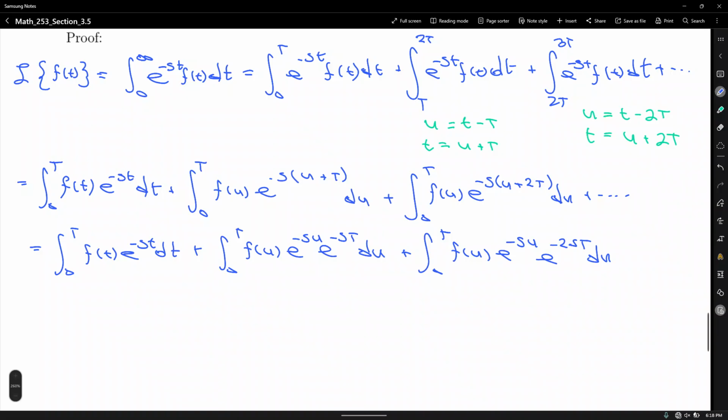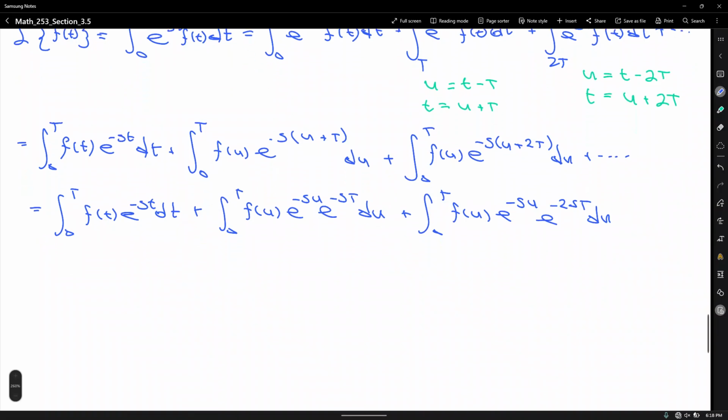Okay. So because we're integrating, guys, with respect to u, do you guys agree that e to the negative 2sT and e to the negative sT are constants that we can take out of the integrals? I'm going to do that.